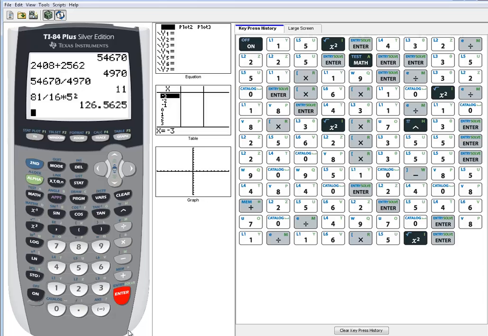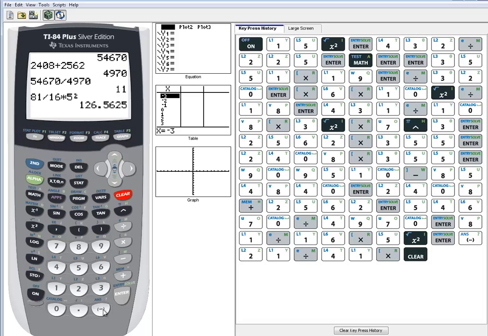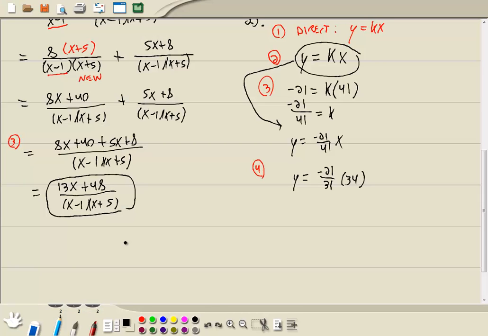So I got negative 21 divided by 41 times, let's try it again, negative 21 divided by 31 times, where did that 31 come from? I was out shoveling snow earlier.